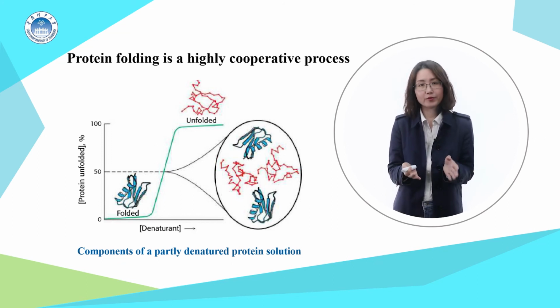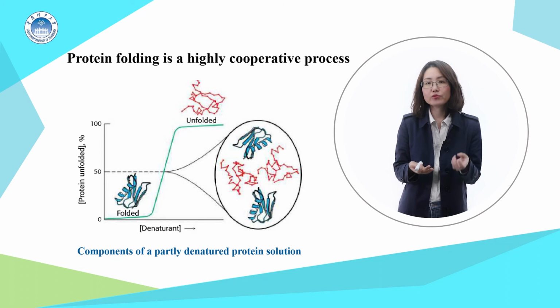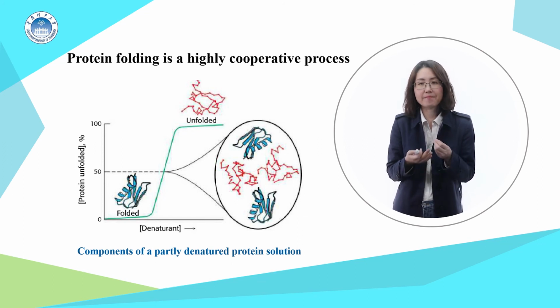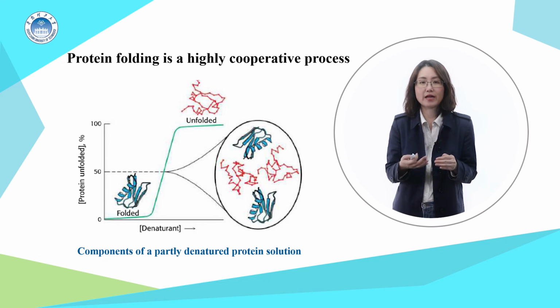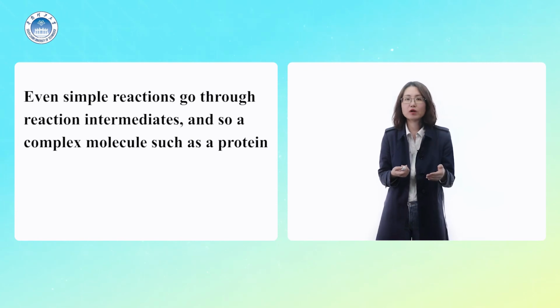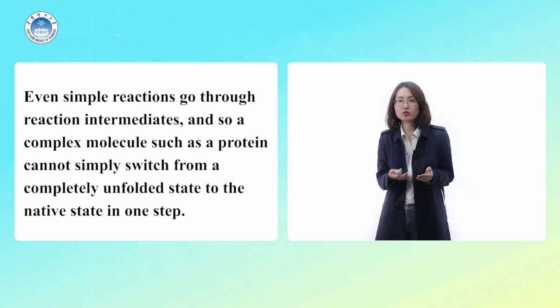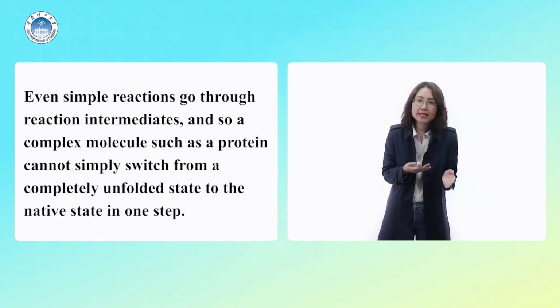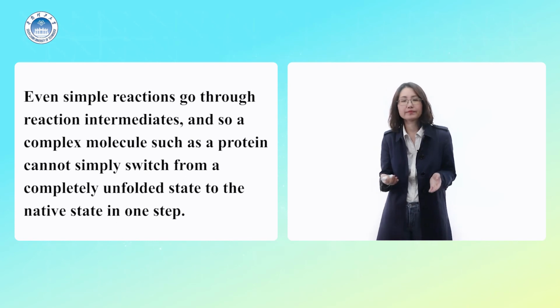Although the protein may appear to behave as if it exists in only two states, this simple two-state existence is an impossibility. So at a molecular level, even simple reactions go through reaction intermediates, and so complex molecules such as proteins cannot simply switch from a completely unfolded state to the native state in one step.